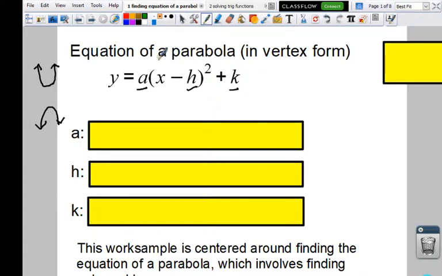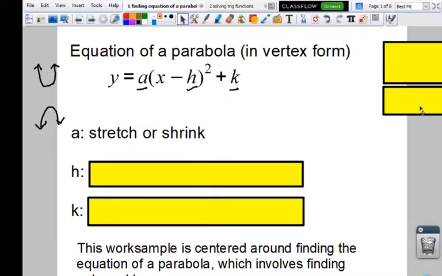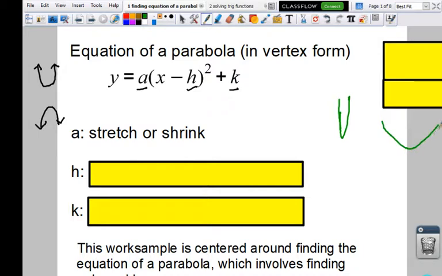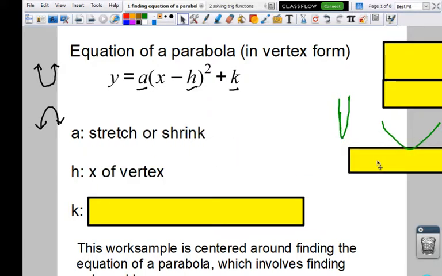What a is going to do here is it is going to be a stretch or a shrink on our graph. It's either going to make our parabola really skinny, like this, or maybe it squishes it down and it's really flat. h we get from the x in our vertex.